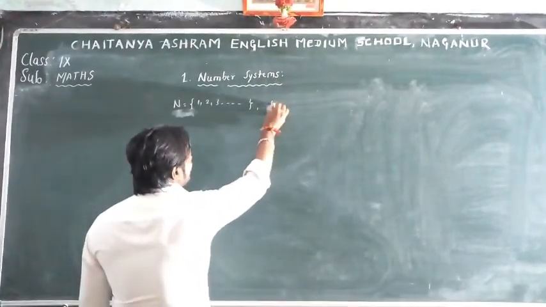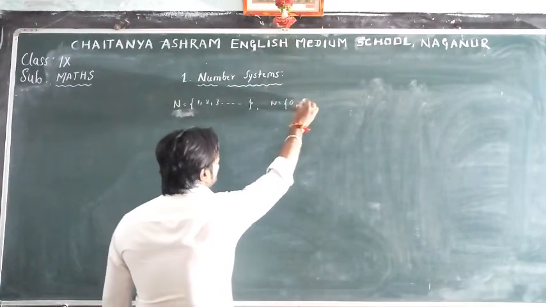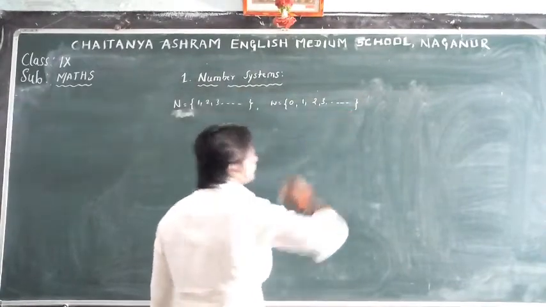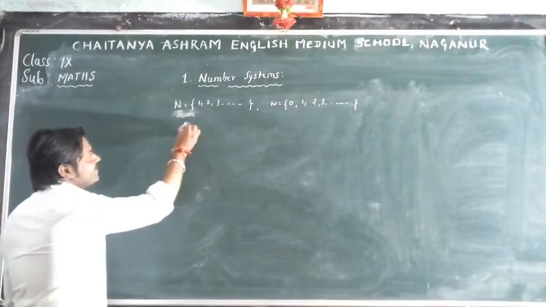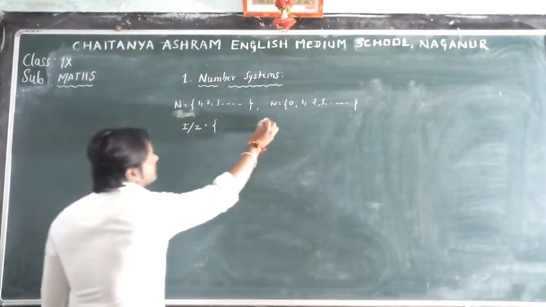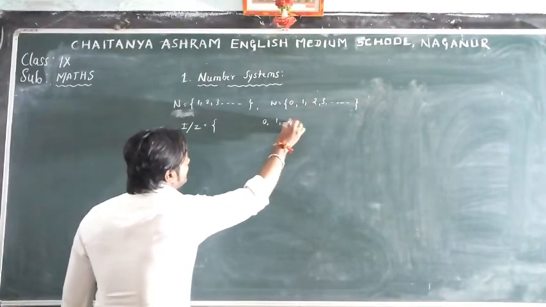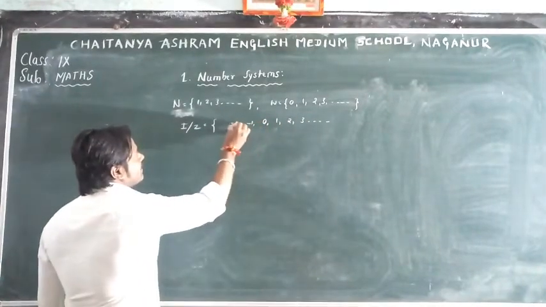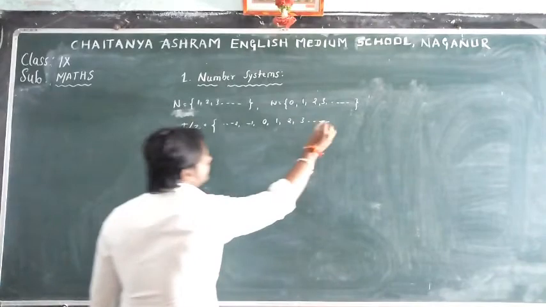This is the set of whole numbers 0, 1, 2, 3, and so on. This is the set of integers, which includes 0, 1, 2, 3, and so on, and -1, -2, and so on.